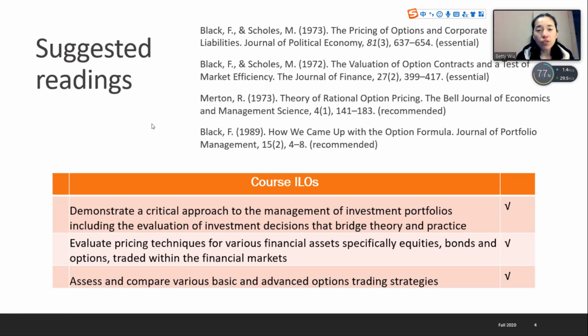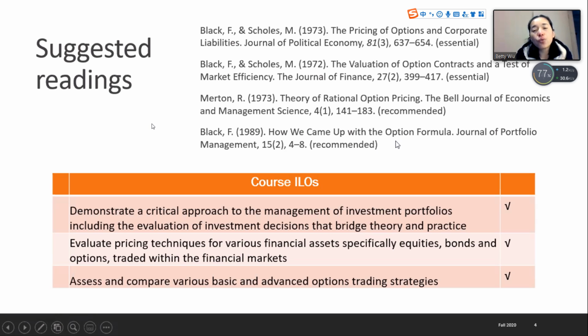If you're interested in the theoretical, feel free. Also we have more advanced courses in the second semester, so if you're interested, you can choose them. I'm sure that you have derivative securities courses in the second semester. Although this is a short article on how we came up with the option formula, I think it's quite nice.